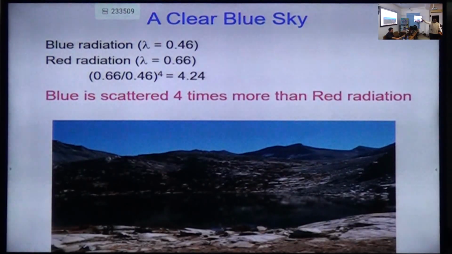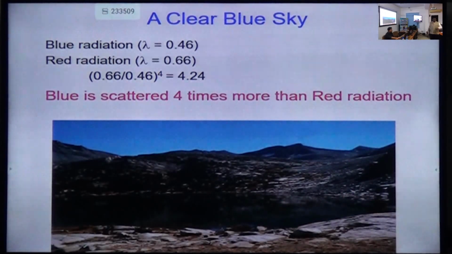What is the relation? Scattering is proportional to lambda to the power of -4, so 1 by lambda to the power of 4, inversely proportional. If you calculate, it is about 4 times. So what is the essence? Blue color has about 4 times more scattering than red radiation.